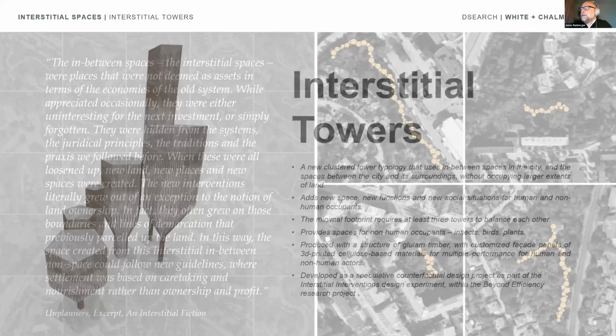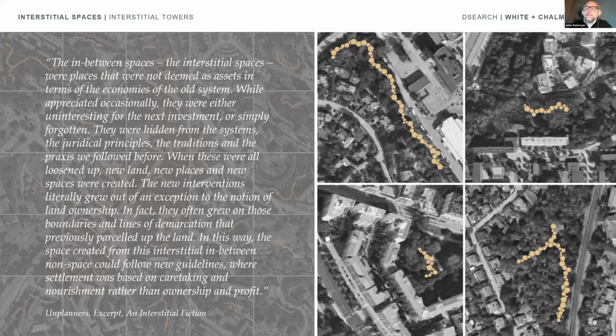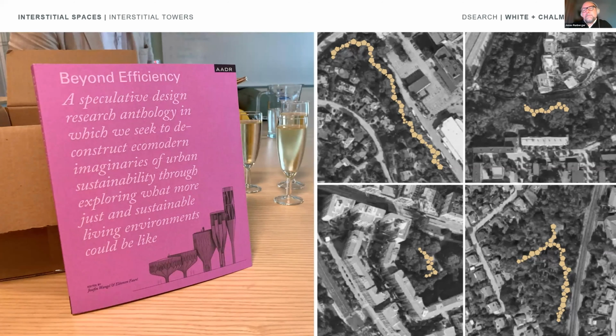It looks at residual spaces in the city, and it suggests a new kind of typology, which really takes very little space. It has a small footprint. The project so far has recently been published as part of the Beyond Efficiency project.